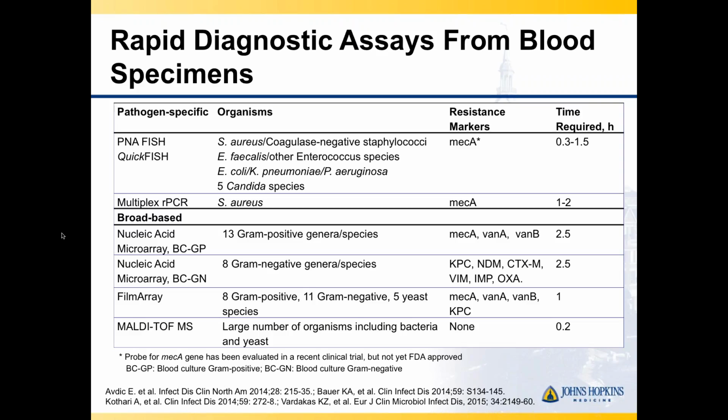This is Verigene, that has a gram-positive and gram-negative panel, and can identify several species and organisms, as well as several resistance markers. And then there's FilmArray that can identify gram-positives, gram-negatives, as well as yeast and several resistance markers. And then MALDI can identify a large number of species, but at this time cannot identify resistance markers.